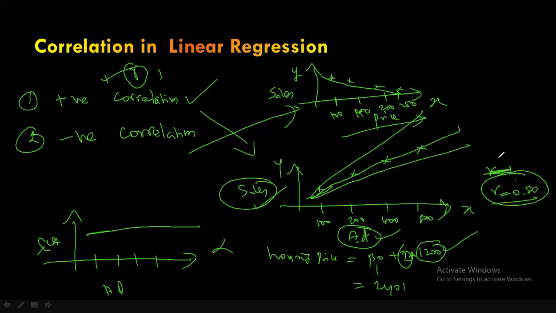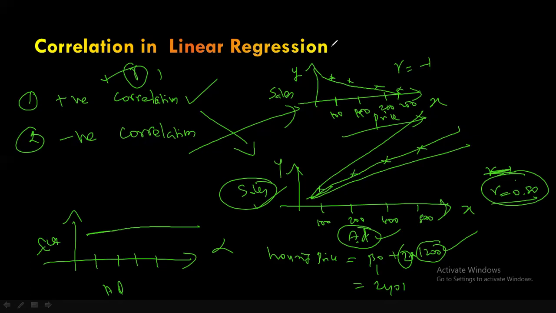If the R value is something like -1, there is a perfect negative correlation. As X increases, the Y decreases, in a perfectly straight line. But still, there exists a relationship. R equal to -1 means a perfect negative correlation.